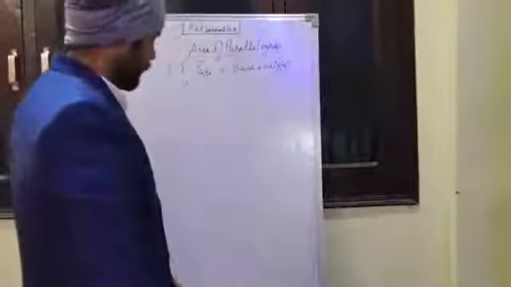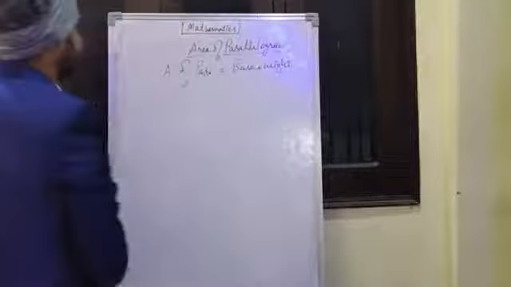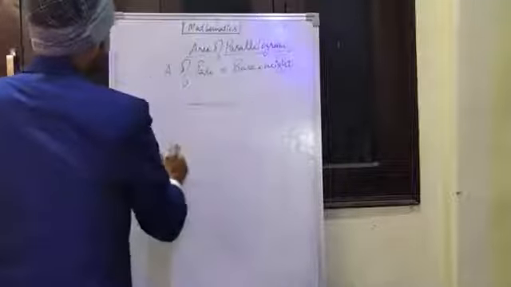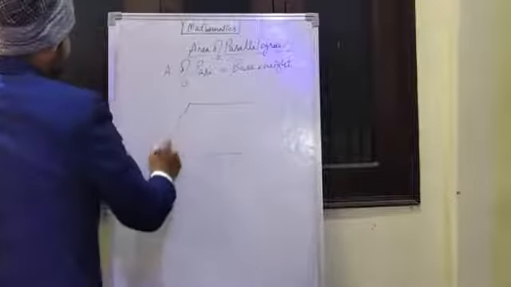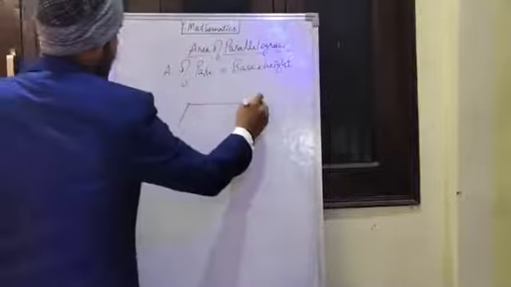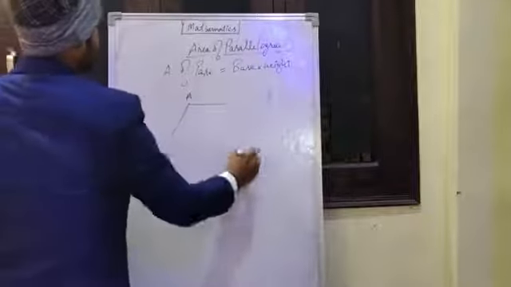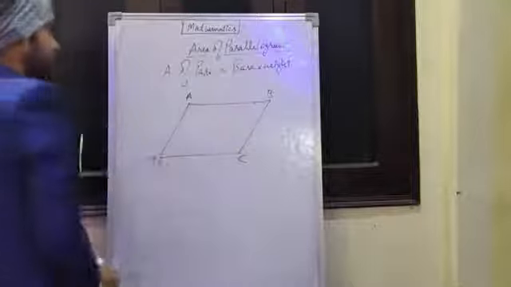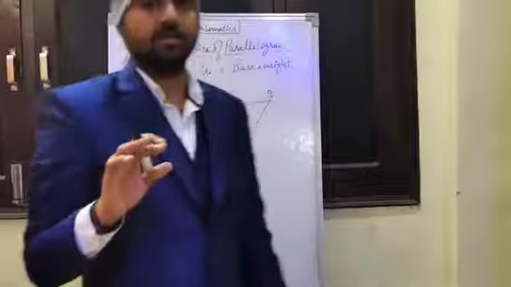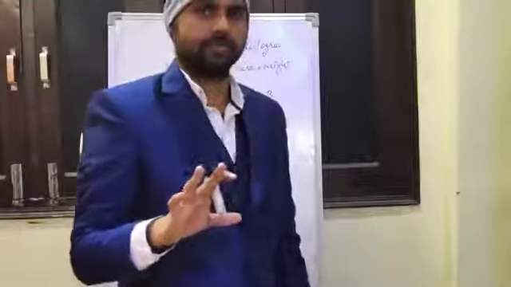Okay. So I'll draw a parallelogram for you here. Everybody knows that this is a parallelogram. The name of this parallelogram, I'll call it ABCD. Now please, whenever you name a polygon, name it in either clockwise or anti-clockwise order.